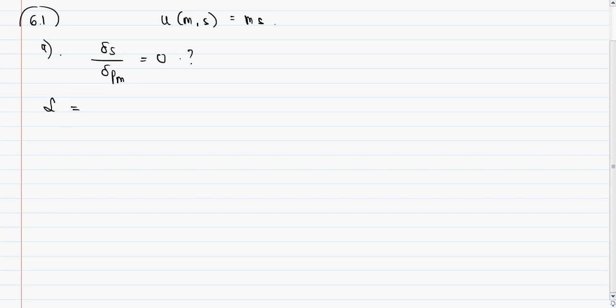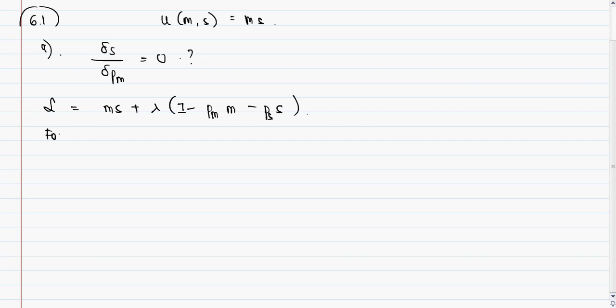So we just do it like how we normally did. So the Lagrangian function will be ms plus lambda of, inside the bracket, the budget constraint, which is I minus, i.e. the total income minus the price of m multiplied by m minus the price of s multiplied by s.